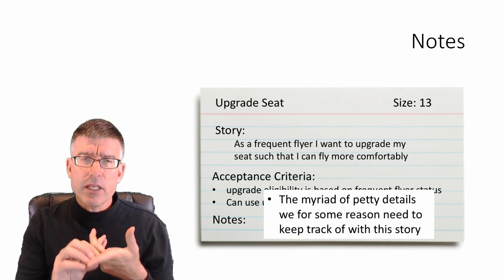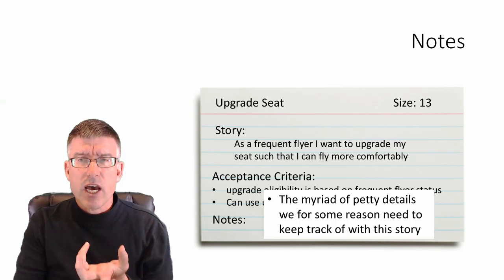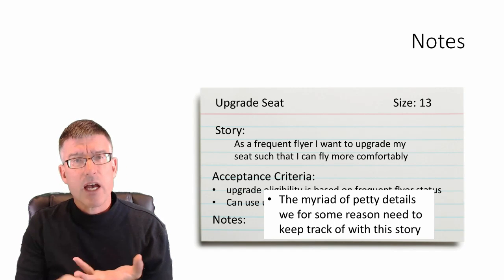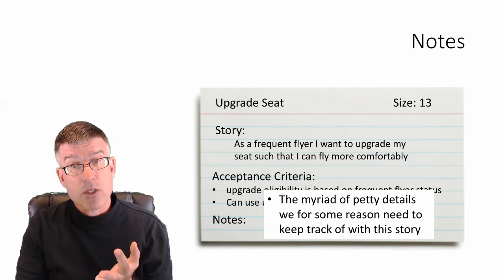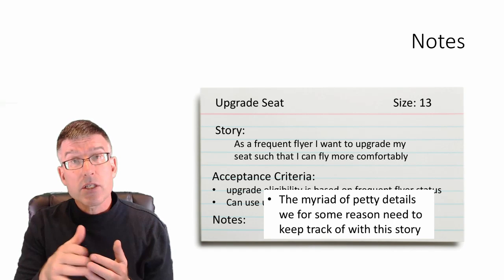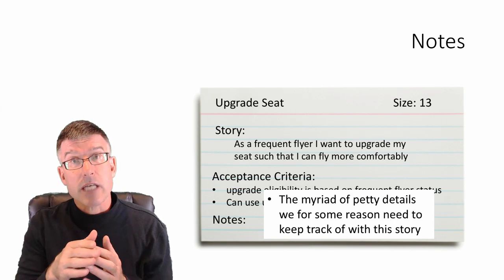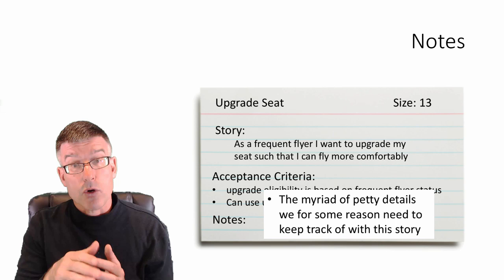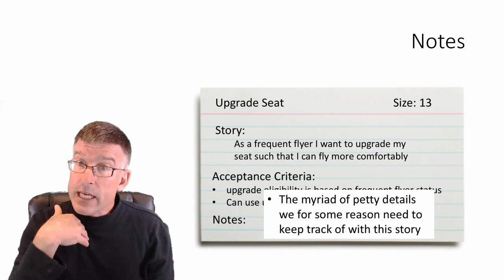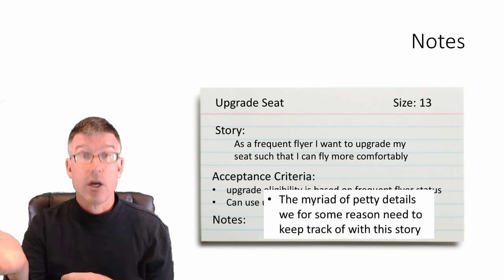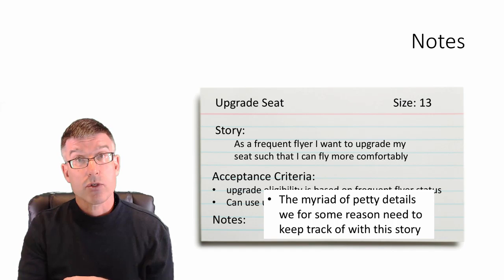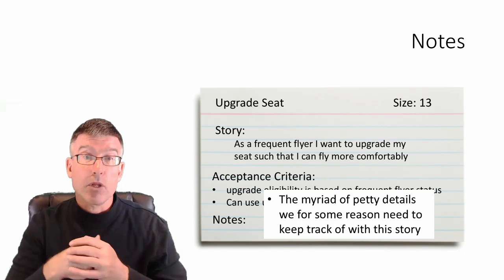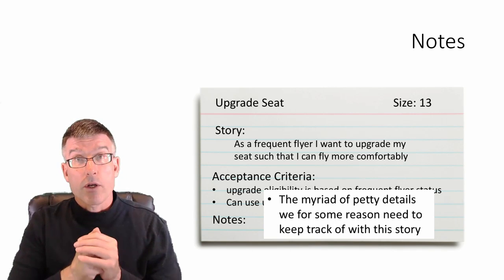So ultimately you see we have a title, we have a size, we have the story, we have the acceptance criteria. Those I consider the absolutely essential parts of a user story. And then that fifth field is really the aggregation of everything else that we think is important to track with that user story. So that's a very simple template that you can use for your user stories.